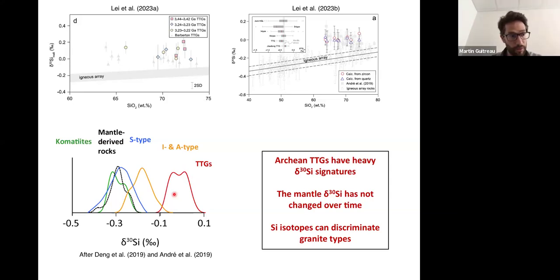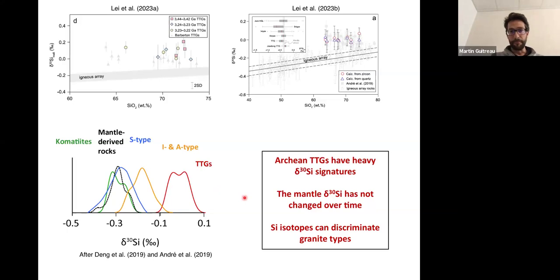The TTGs we measured are actually the ones I analyzed in my PhD thesis that came from most of the cratons and covered a time span from 2.5 billion years to 4 billion years. And in André et al., they analyzed only TTGs from the Kaapvaal craton, but lots of them. And they consistently give this heavy value of around 0 per mil. So what silicon isotopes show you is that they can be used to discriminate granite types from each other, which is quite fantastic.